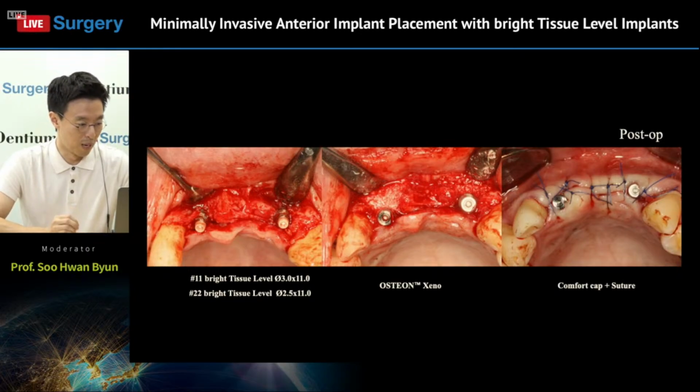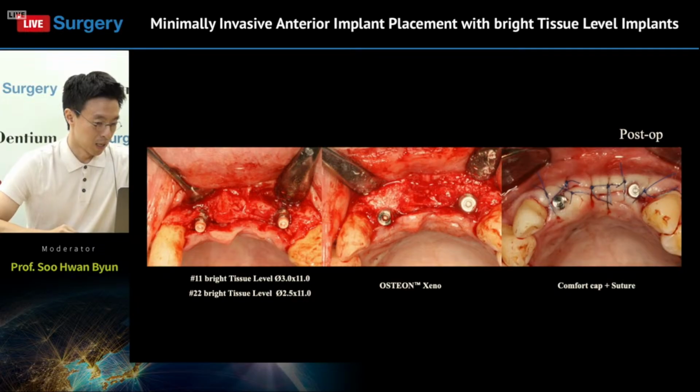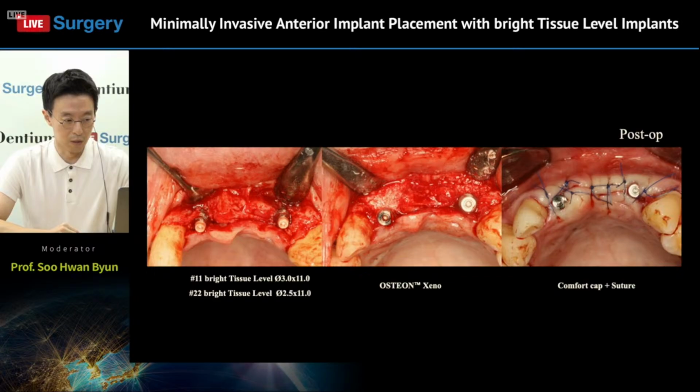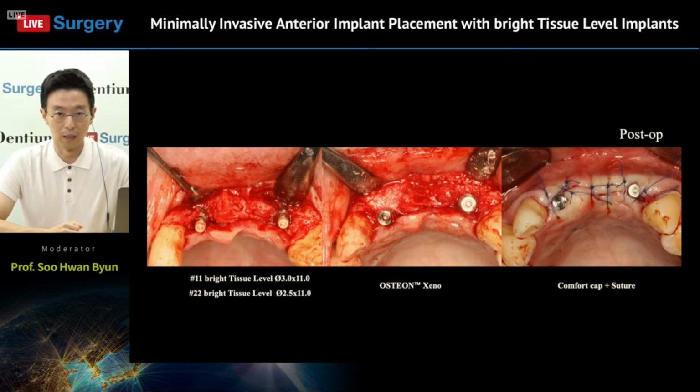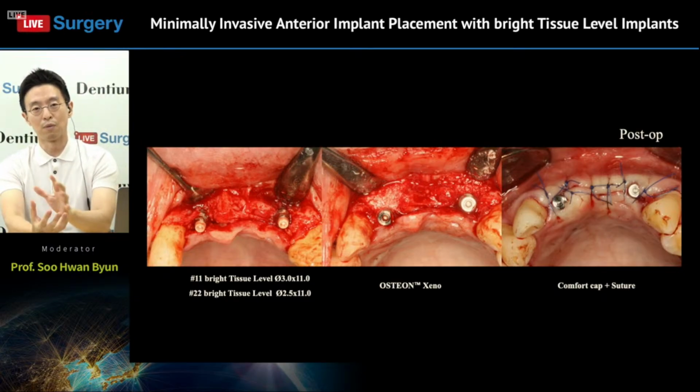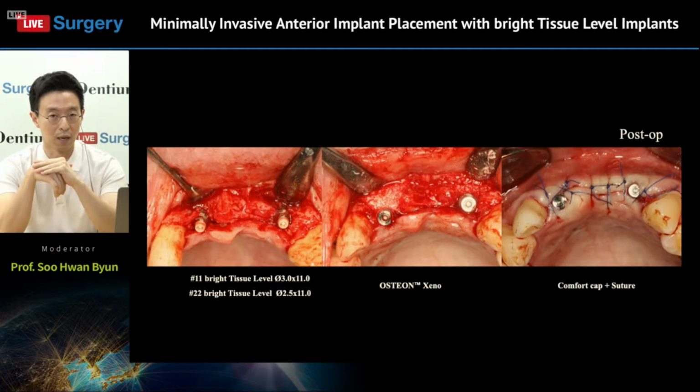I used bovine xenograft, OSTEON xenograft, to cover the exposed site. After that, I connected the comfort cap after removal of mount screw. Total surgical time was less than 15 minutes. Thanks to bright tissue level narrow implant, minimally invasive implant surgery can be done.